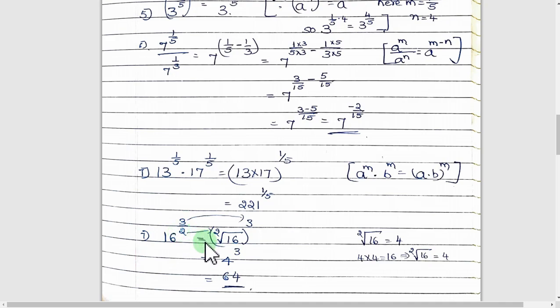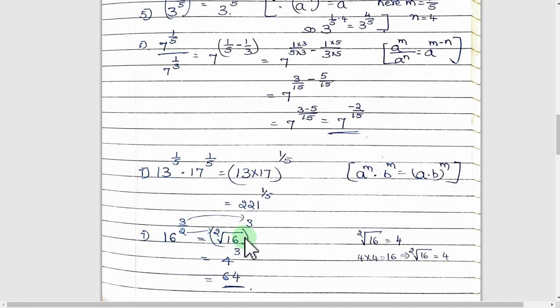Now next, see this: 16 to the power of 3 by 2. As I have explained before, we can write this with the 2 going to the root place, that is, the square root of 16, whole to the power of 3. If the exponent is given like this, the denominator goes to the root place and the numerator becomes the whole power. Now the square root of 16: which number multiplied 2 times will give you 16? 4.